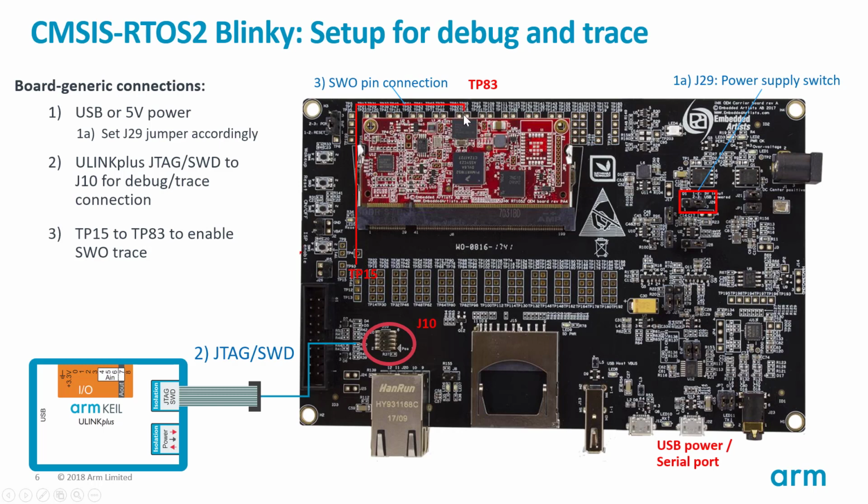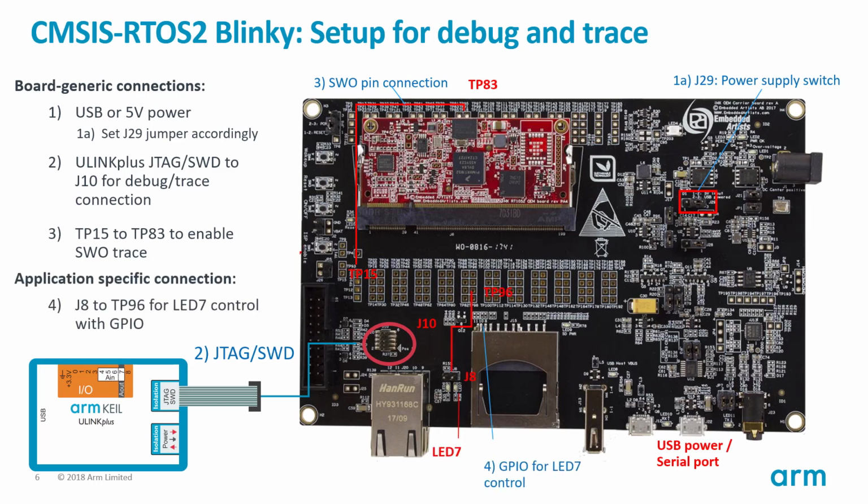This is required to enable SWO trace and is caused by specifics of SWO pin routing on this chip. Finally, specific for this Blinky application, a connection of the GPIO to actual LED 7 on the carrier board is needed. This is done by connecting TP96 pin to J8.